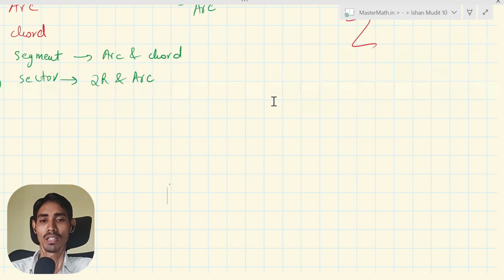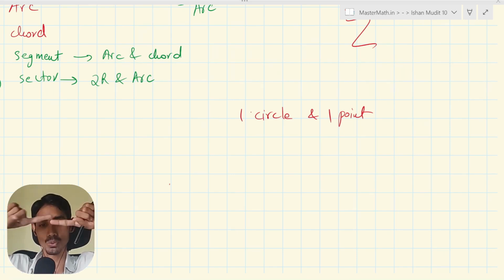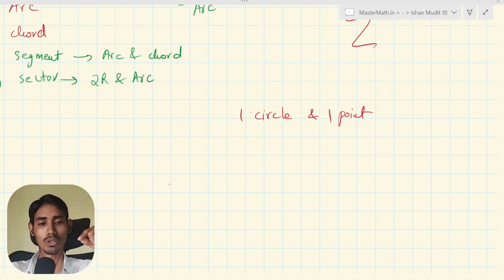Okay, let's see. Now if we have a circle and a point, so 2 things, 1 circle, 1 point. So what combinations can we have? Just like we studied in linear equations, 2 lines are there, so they could have different combinations, overlapping, and so on. I can't give you more hints.